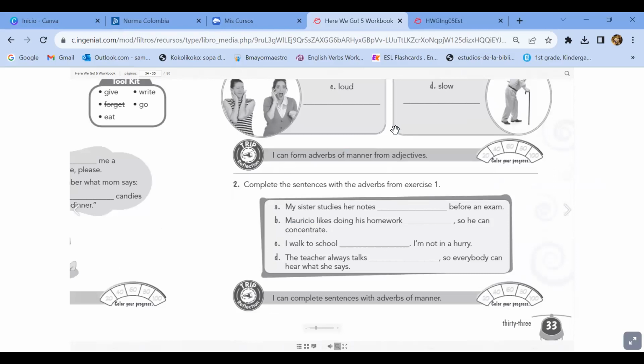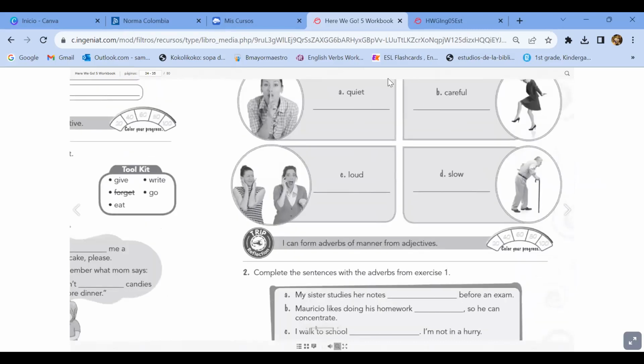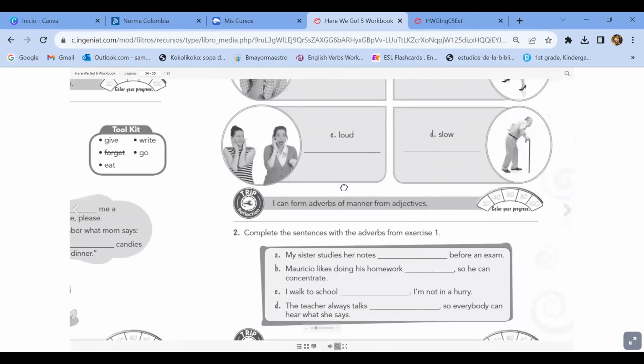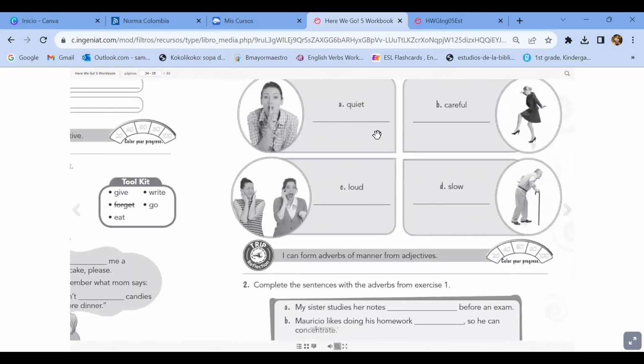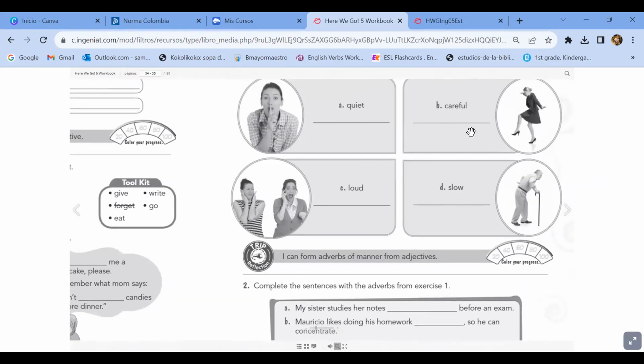Okay. When you finish activity number 1 and change the adjectives into adverbs, you are going to complete the sentences with these adverbs in exercise number 2. For example, my sister studied hard before an exam. What adverbs can you use for these sentences?